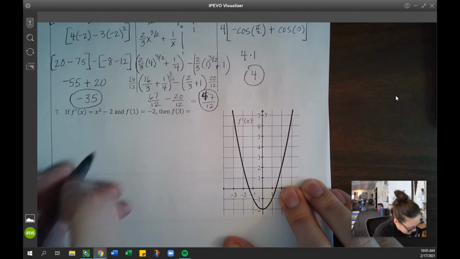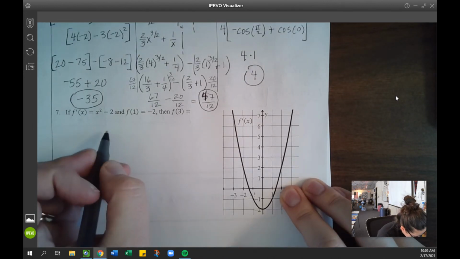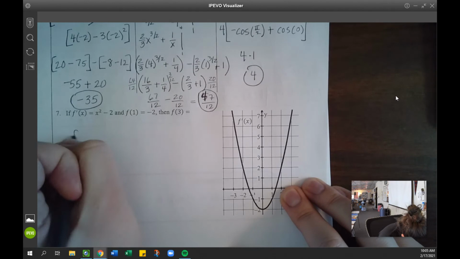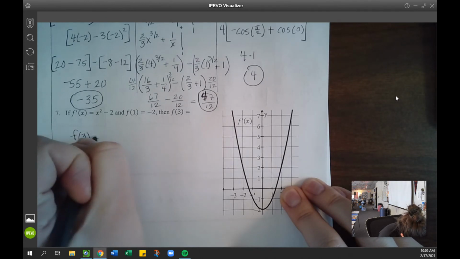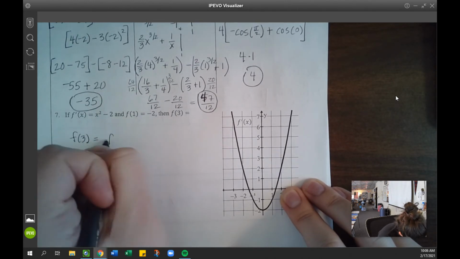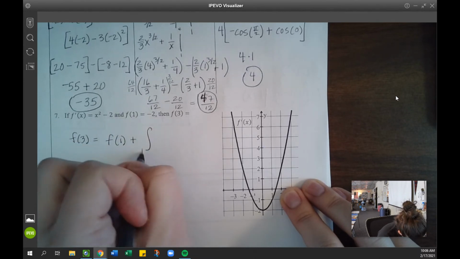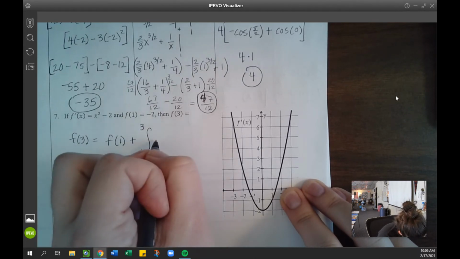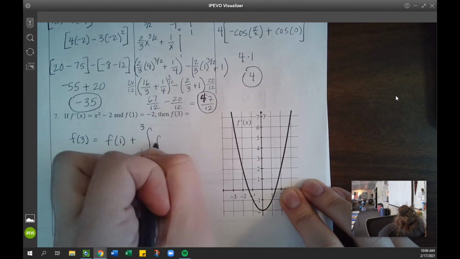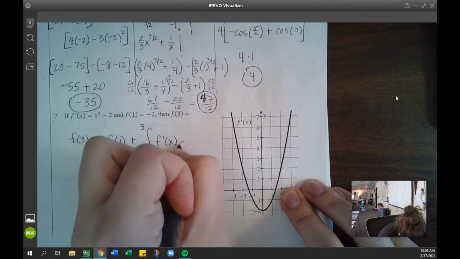So here's what we're going to do. f of 3 is equal to f of 1 plus the integral from 1 to 3 of f prime of x dx.